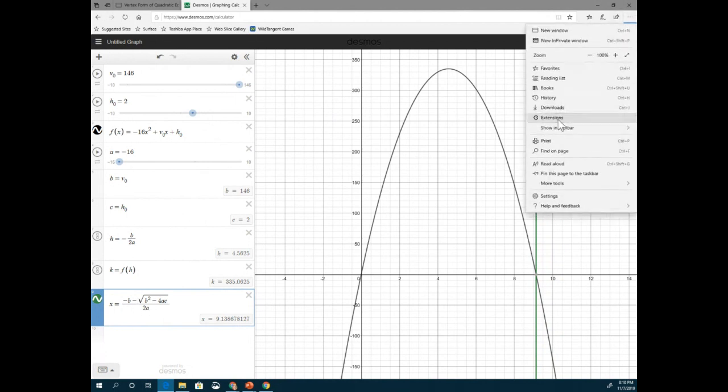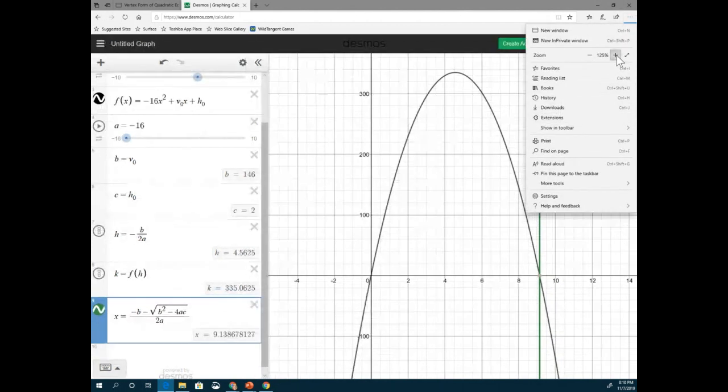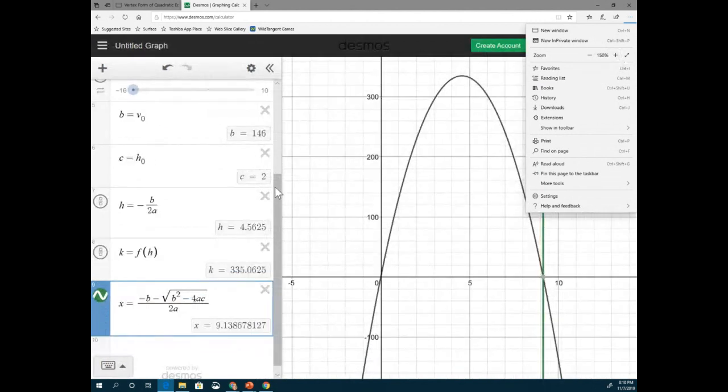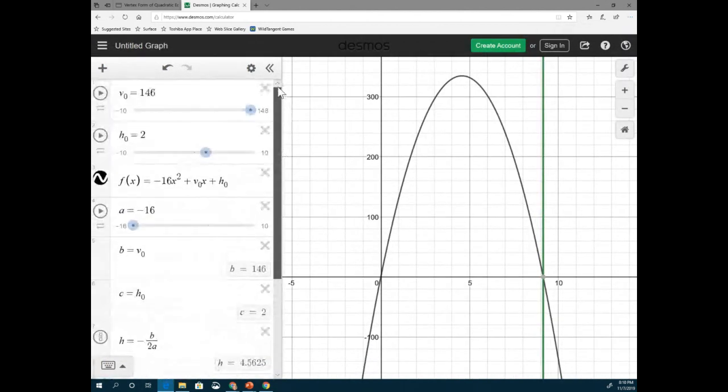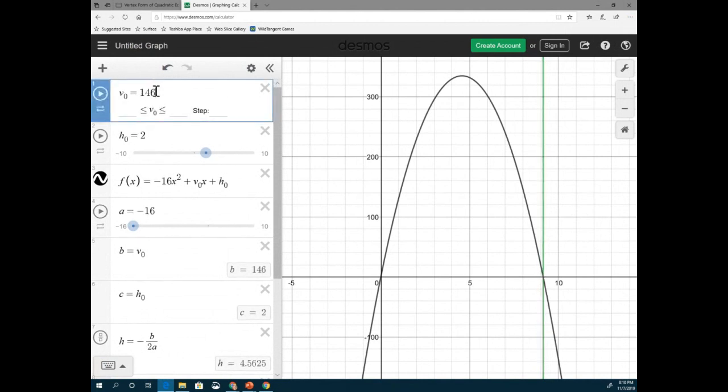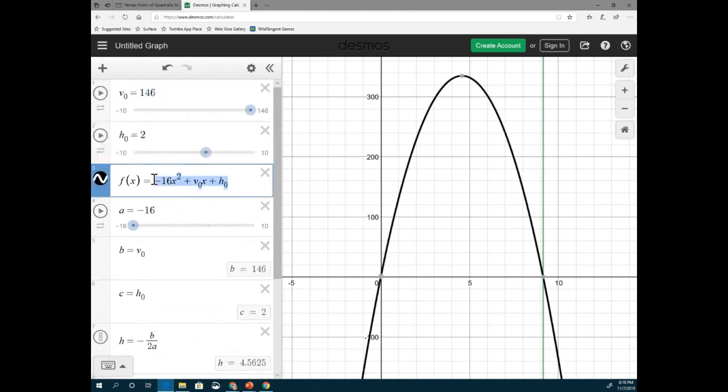So I'm going to actually see if I can zoom in so that way when you rewatch this video, you have these bigger and you can pause. So I have my initial velocity in feet per second, my initial height. This is the equation we're given.